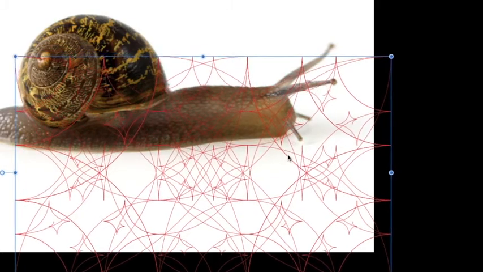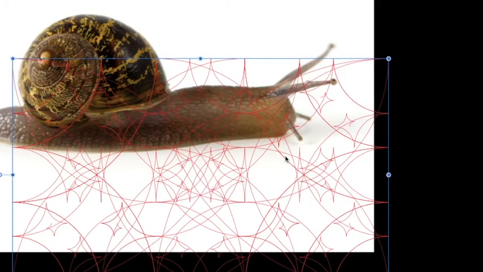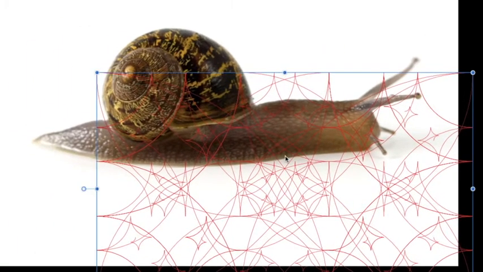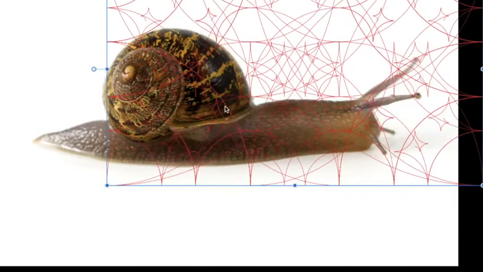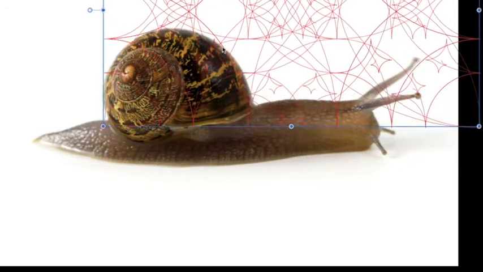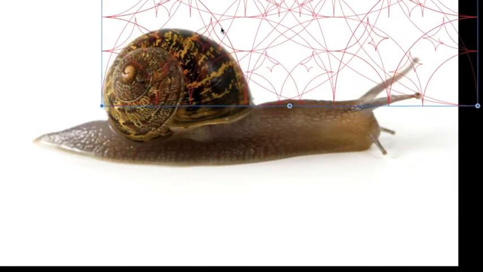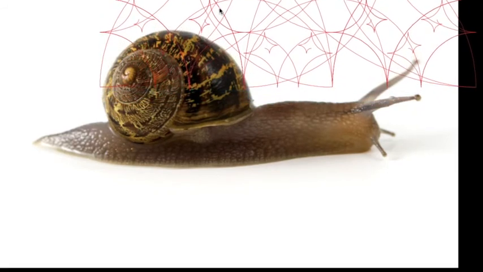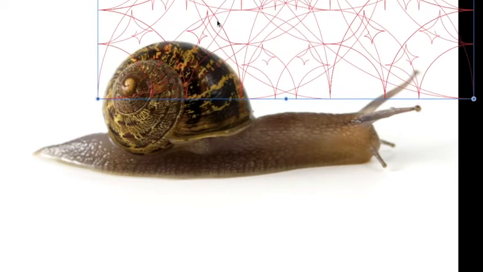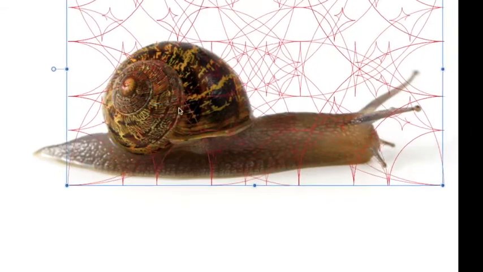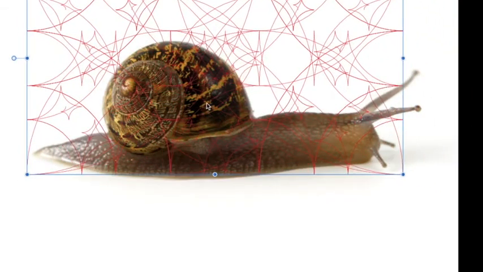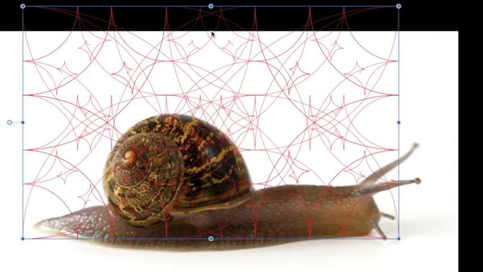But now it's too big. But if we go right through there, it is kind of marking those key points of the shell. But it's too big. Yeah, it's too big.